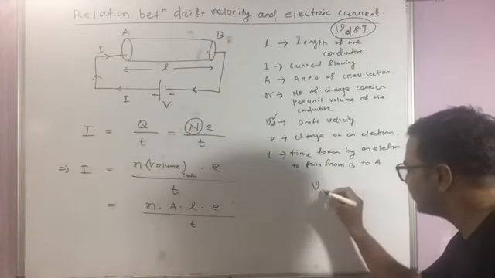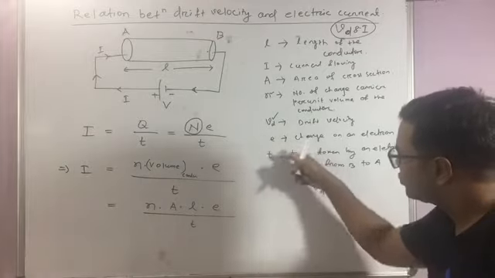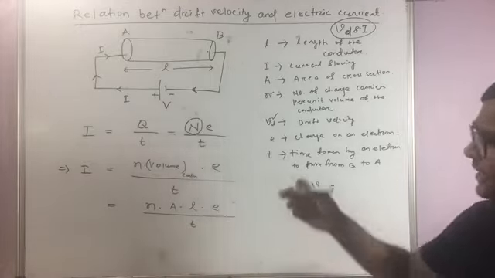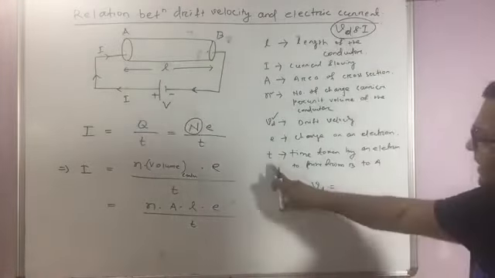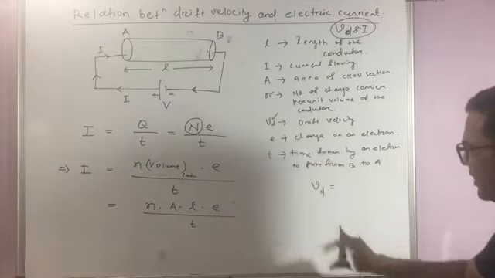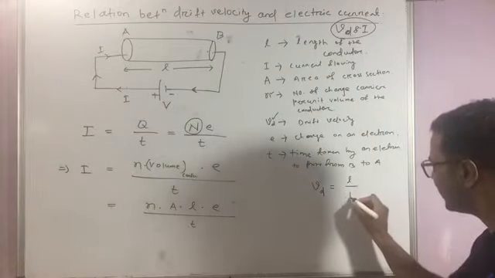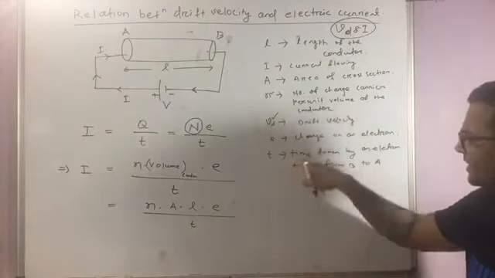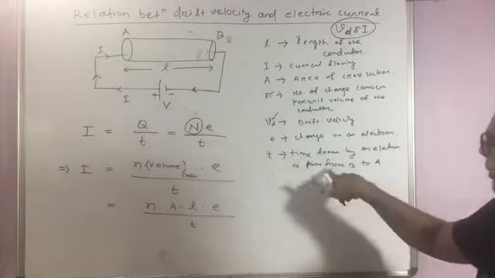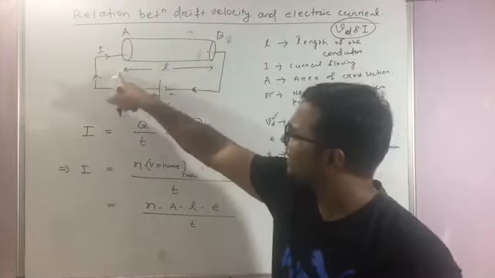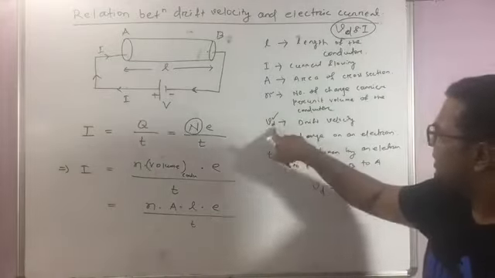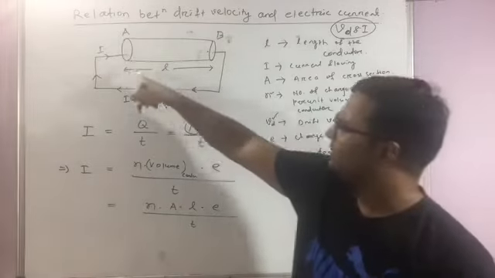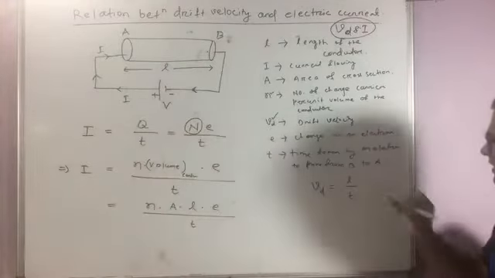The average length covered is L, the time taken is t, so the magnitude of the drift velocity Vd is given by the length divided by time taken, which is L by t.